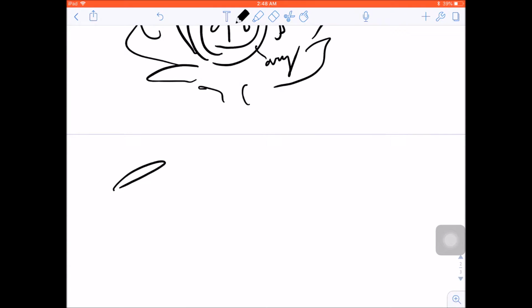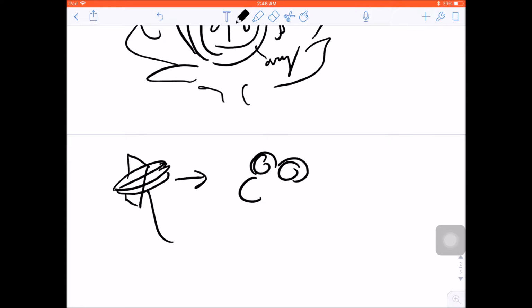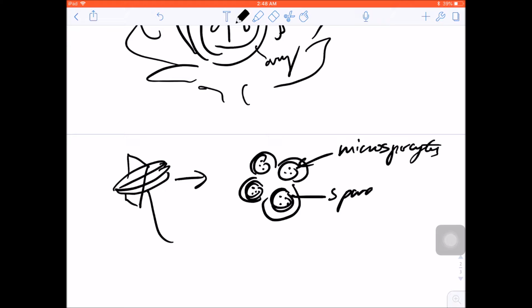The anther, this multi-lobed structure, if you cut it open, you'll see inside these lobes, when they're immature, they're full of microsporocytes. So these are the mother cells for the male spores. So each one of these lobes is actually a sporangium, or a microsporangium.